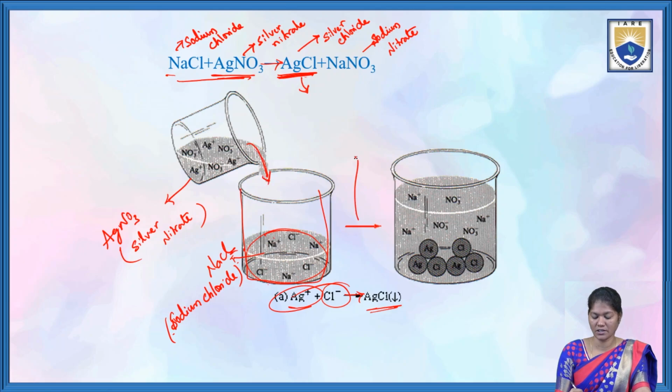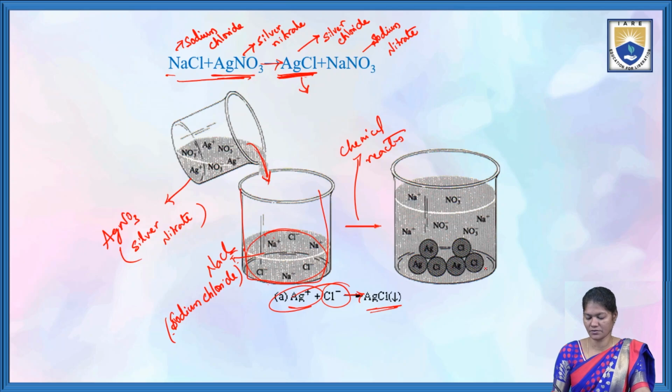Here some chemical reaction happens, and after that we get AgCl, silver chloride.